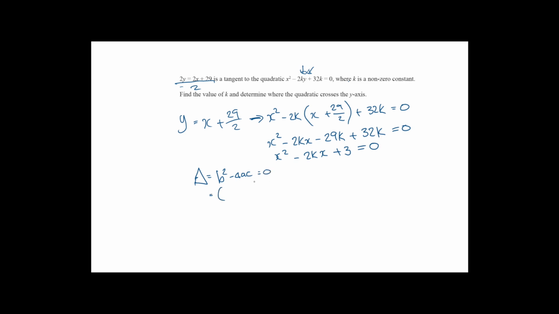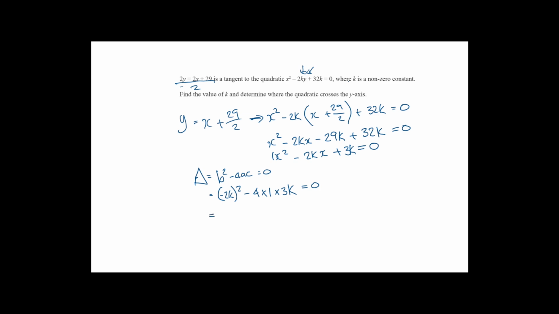Well, b is minus 2k, squared, minus 4 times, and there's a 1 there, times 3, which is 3k. Okay. And that must equal 0.